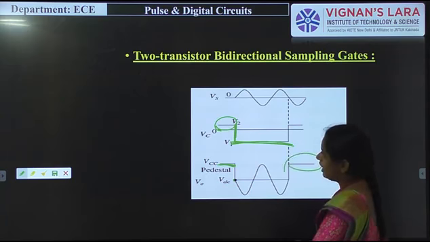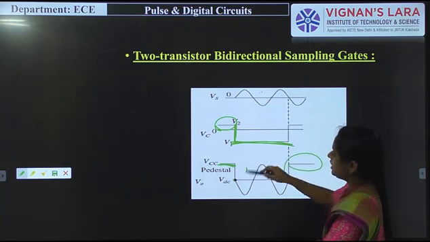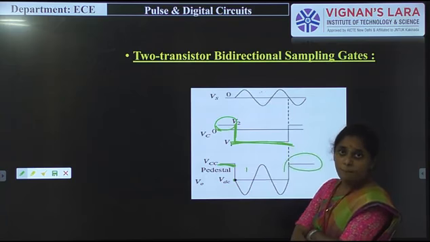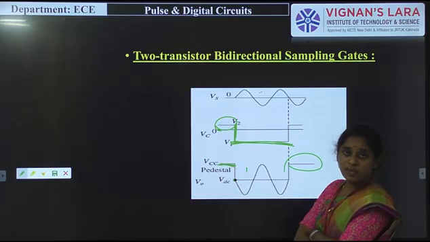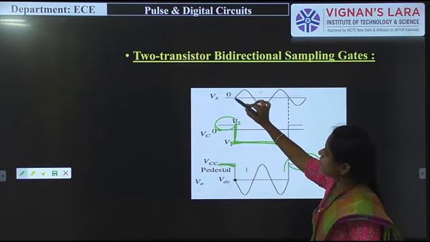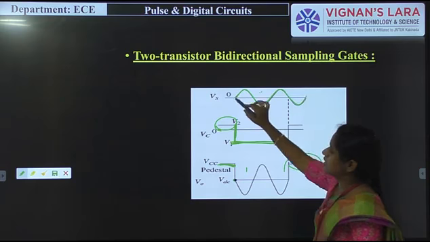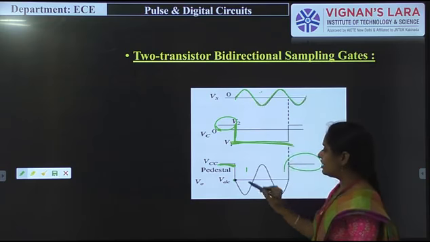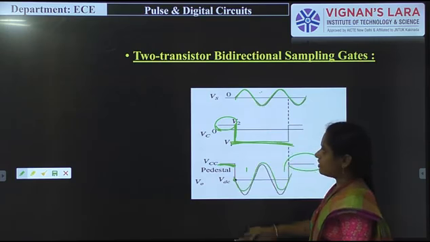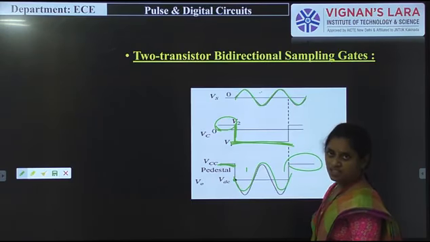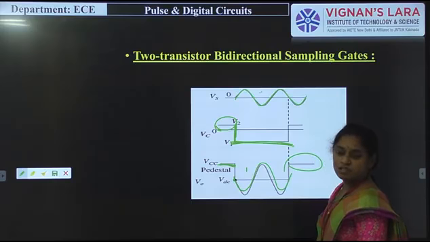At the same time, whatever the input signal, that will be produced at the output side, but the output is produced with a phase shift operation. Here the input is a sinusoidal signal which starts in a positive direction, but the output starts in a negative direction. So that is the problem of this two transistor bidirectional sampling gate.